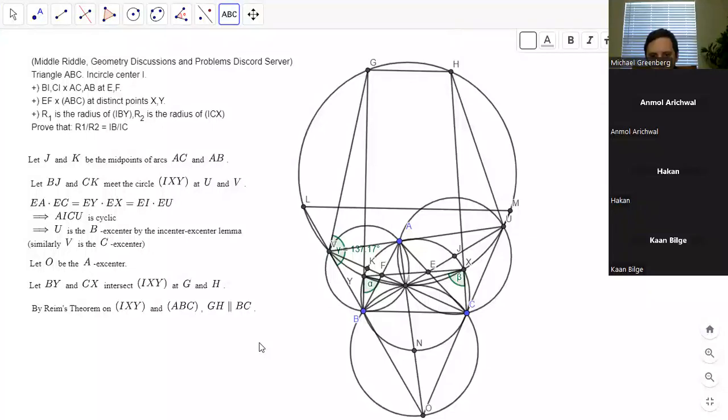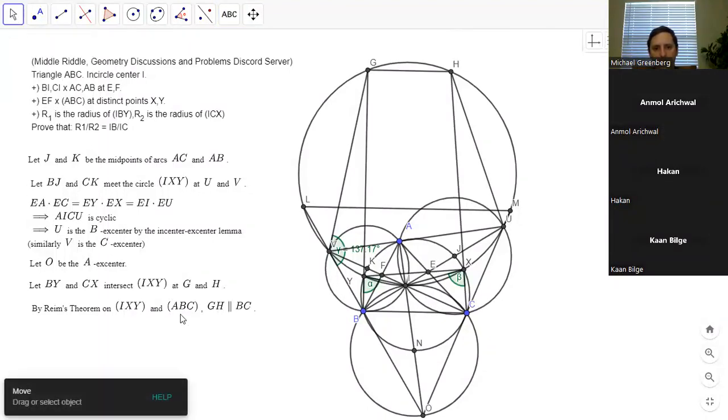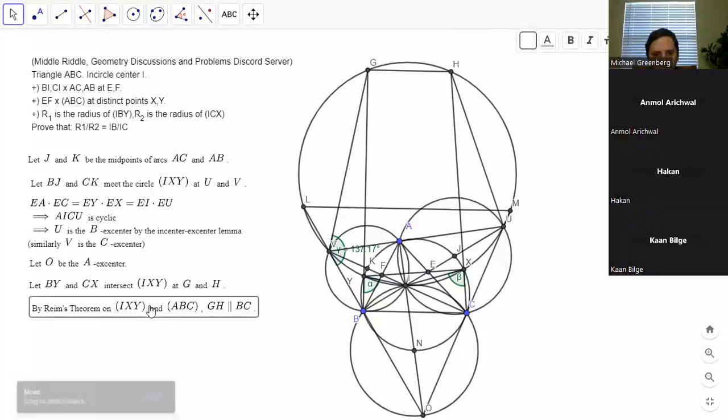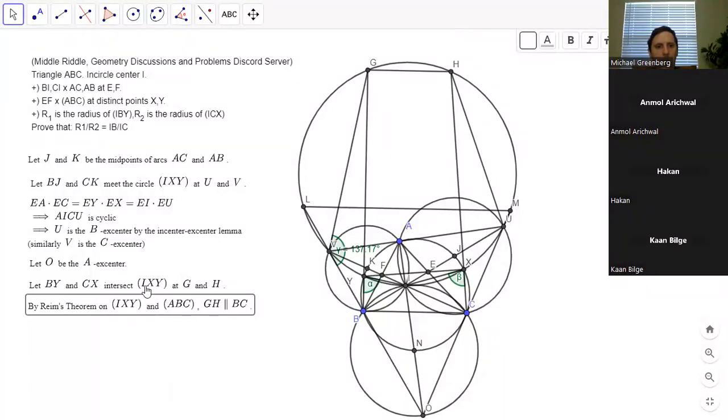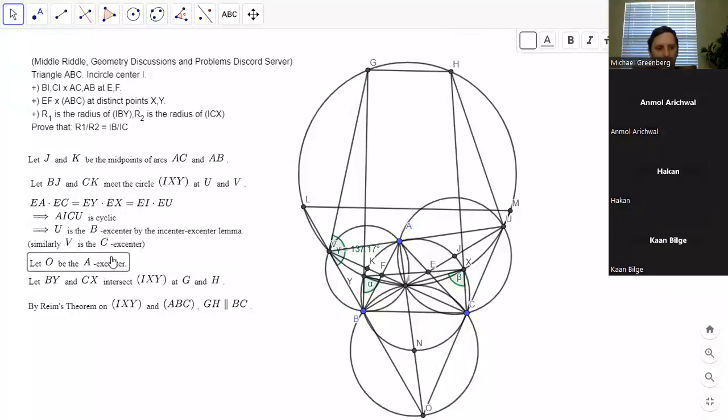Let me think about this for a second. So because we have basically angle HGY is angle YXC, it's 180 minus YBC, which is Reim's theorem. And then we want to show that LM is parallel to BC, right?